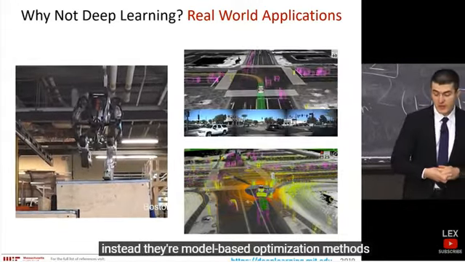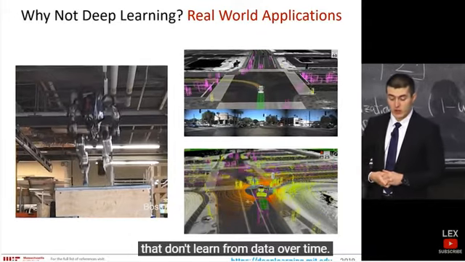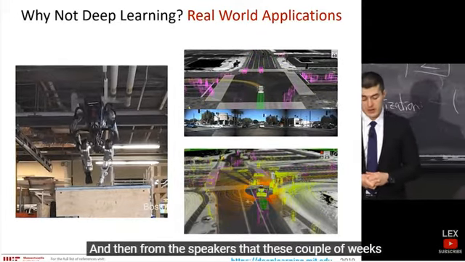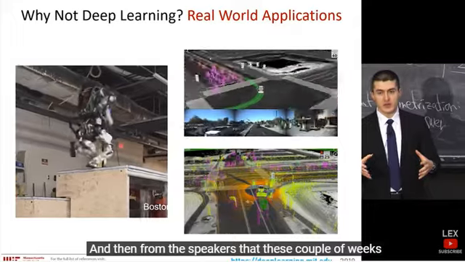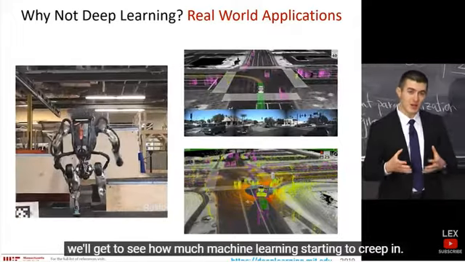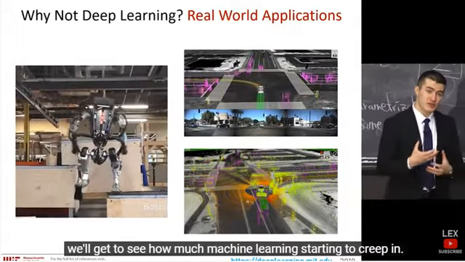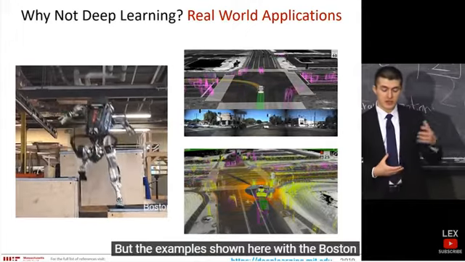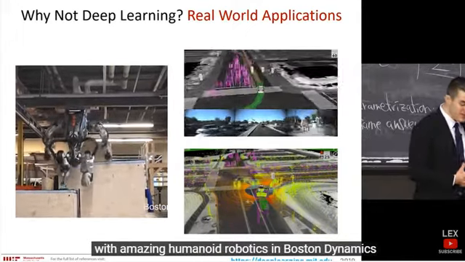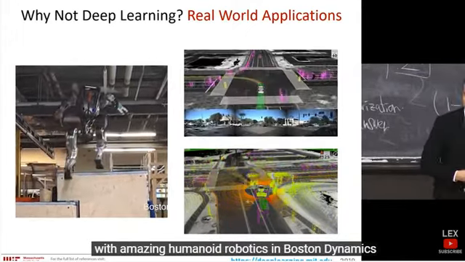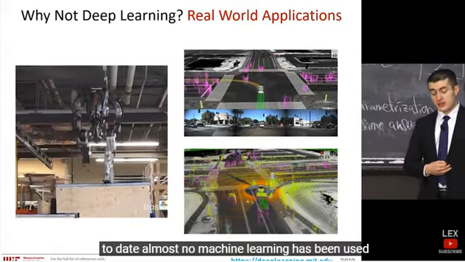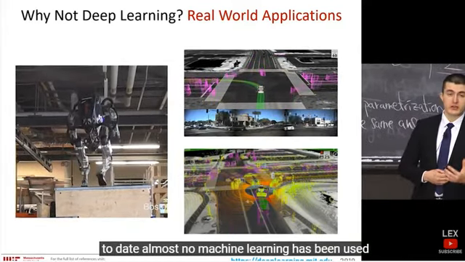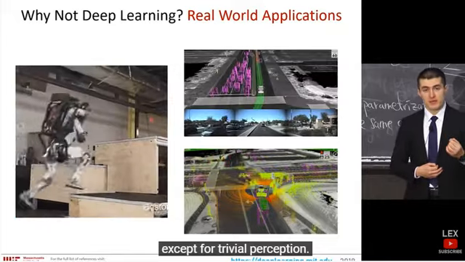Instead, they're model-based optimization methods that don't learn from data over time. And from the speakers these couple of weeks, we'll get to see how much machine learning is starting to creep in. But in the examples shown here, with the amazing humanoid robotics from Boston Dynamics, to date, almost no machine learning has been used except for trivial perception.